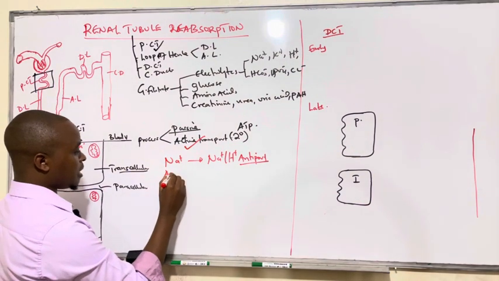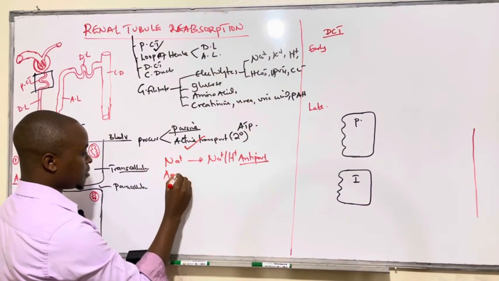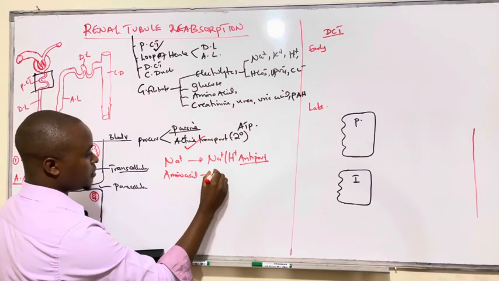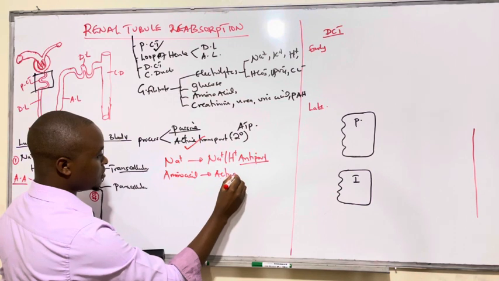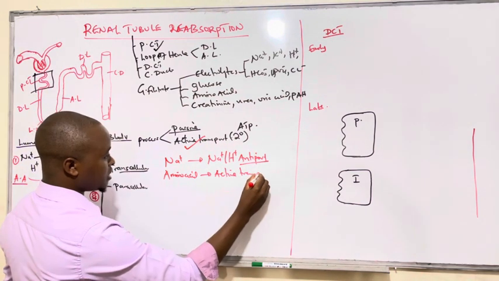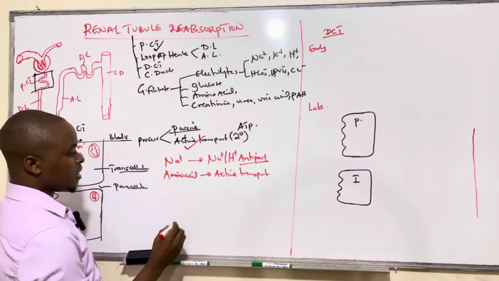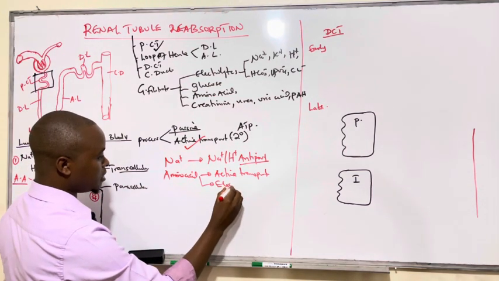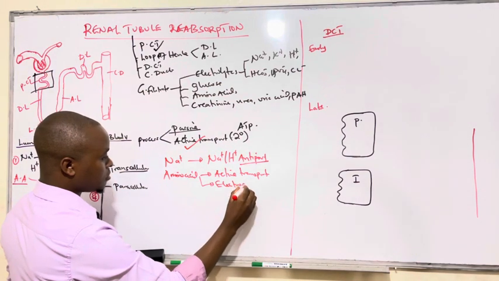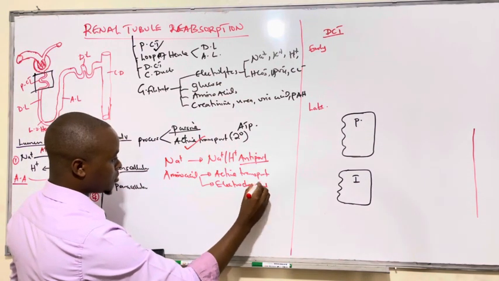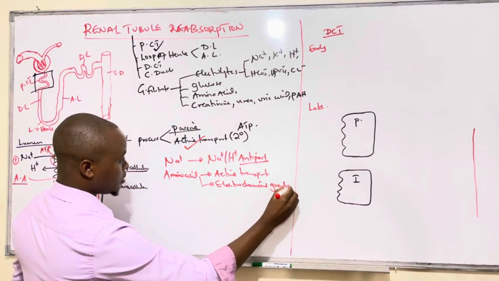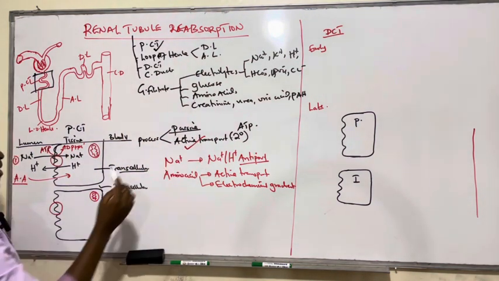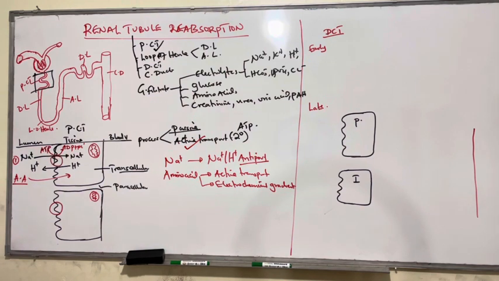So we're going to say that amino acids are reabsorbed by active transport first, in the presence of ATP, secondary active transport, but later they move along the electrochemical gradient. So it is both active and passive, that is amino acids.